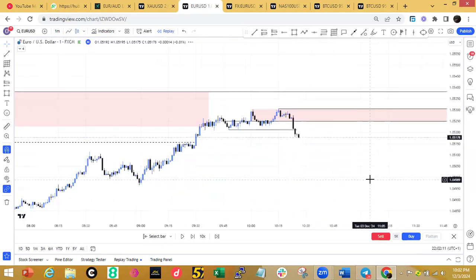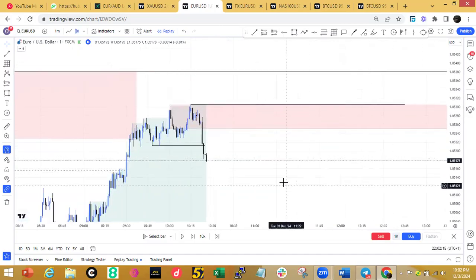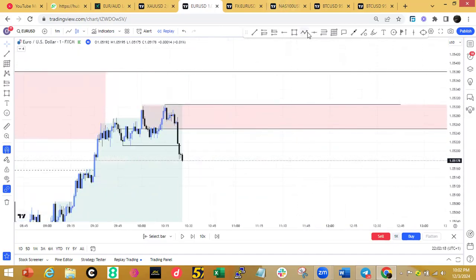So at that point, I'll be on 1 minute time frame, waiting for M1 to come here and do this. Sweep, break. I will enter here and I will sell. This is what I'm waiting for on M1.